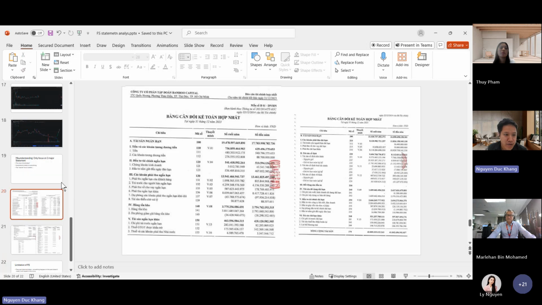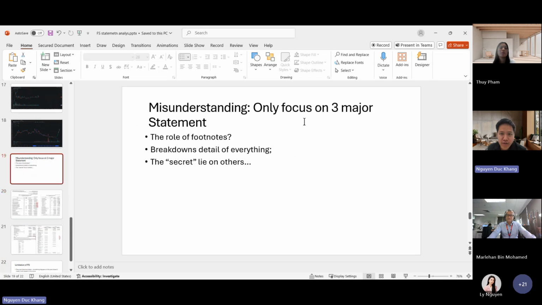And the last thing I want to say is that we shouldn't only focus on the 3 major statements. Of course, the financial statements combine the balance sheet, the income statement, and the cash flow.